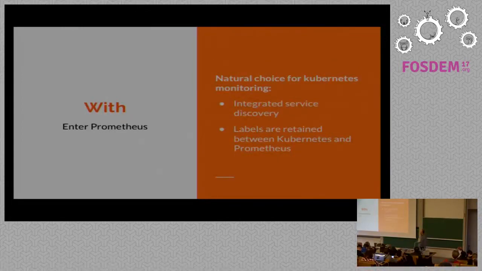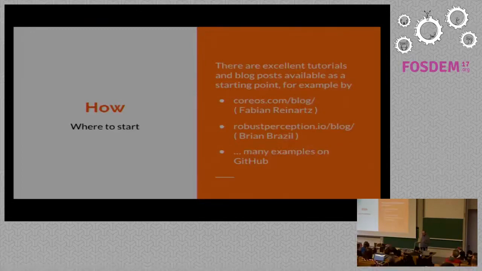So here is where Prometheus comes in. Prometheus seems to be a natural choice when doing Kubernetes monitoring. It has an integrated service discovery for Kubernetes. It retains labels between Kubernetes and Prometheus. For example, when you define a label or an annotation in a Kubernetes definition, you have a good chance to have it retained in your Prometheus metrics.